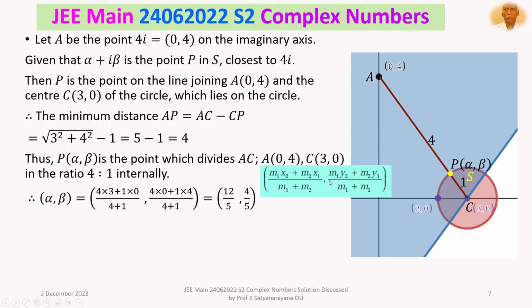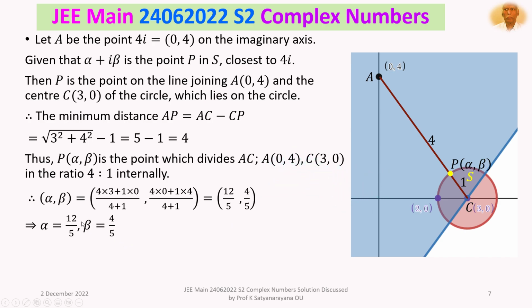We have the section formula. We apply that and write (alpha, beta) equal to (4 times 3 plus 1 times 0 by 4 plus 1, 4 times 0 plus 1 times 4 by 4 plus 1), which is equal to (12 by 5, 4 by 5). Two ordered pairs are equal if and only if the first component equals the first component and the second equals the second. This implies alpha is equal to 12 by 5, beta is equal to 4 by 5.